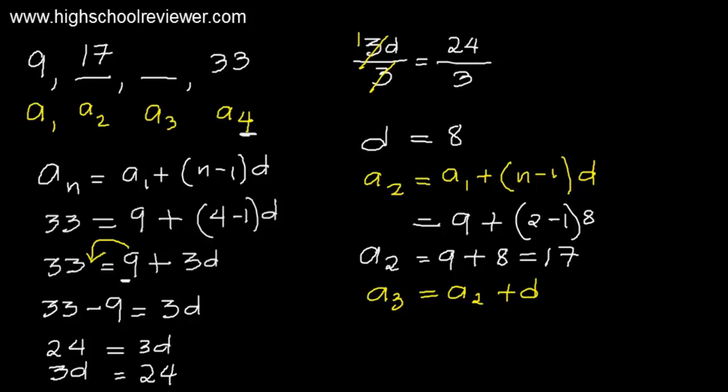So the value for a sub 3 here will be equal to, our a sub 2 is 17 plus d, which is 8. So our a sub 3 will be positive 25. So our arithmetic means now, they are positive 17 and positive 25, and they are our final answers.